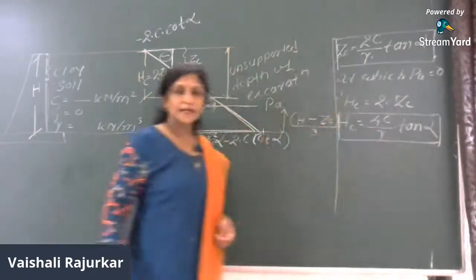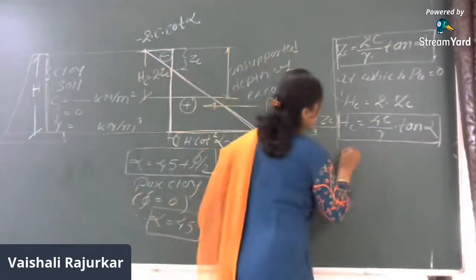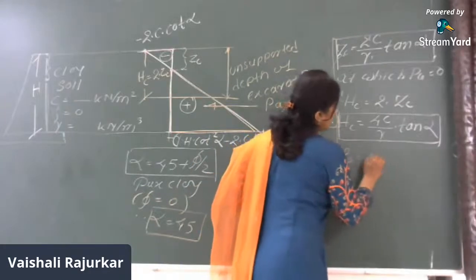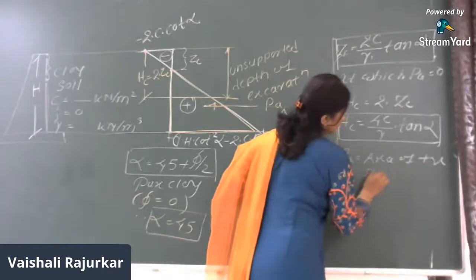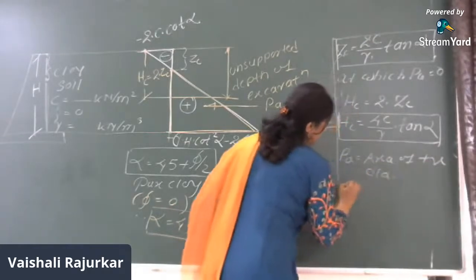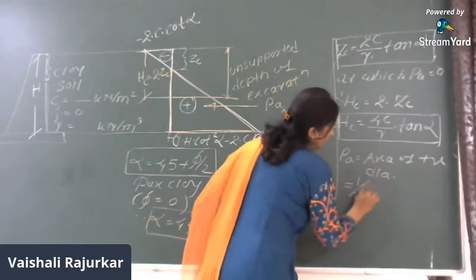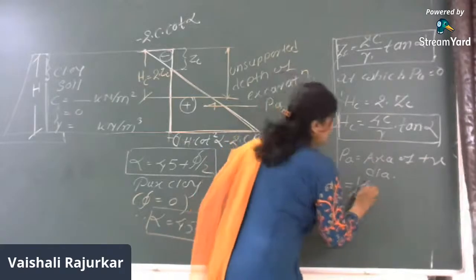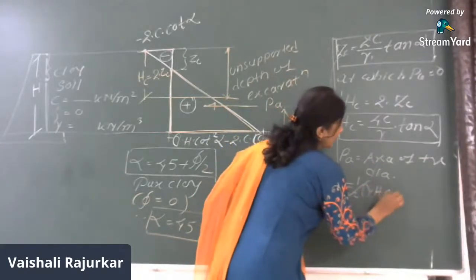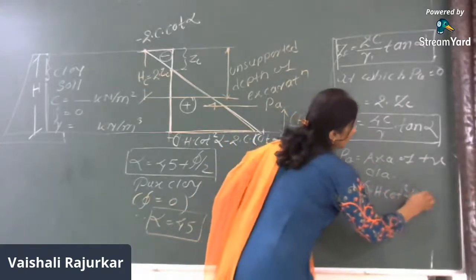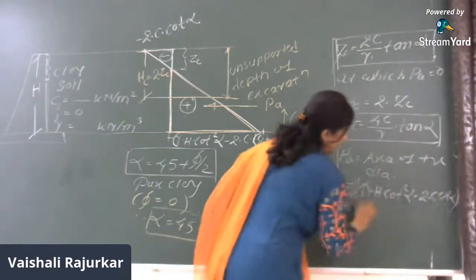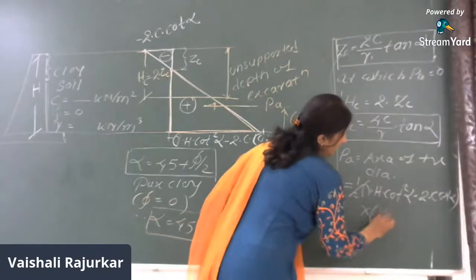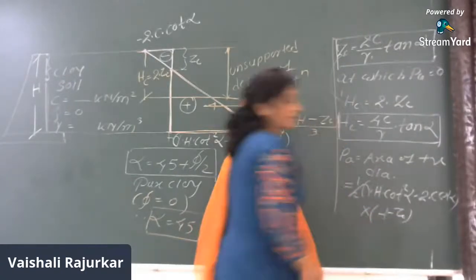Right? And then what is PA? PA is the area of the positive diagram, and that will be half of gamma into H cot square alpha minus 2c cot alpha, into H minus ZC.